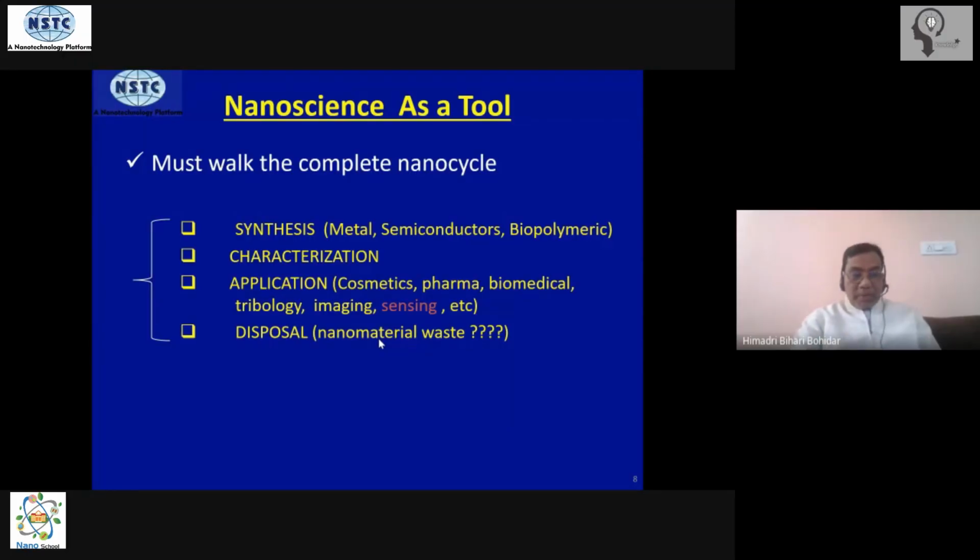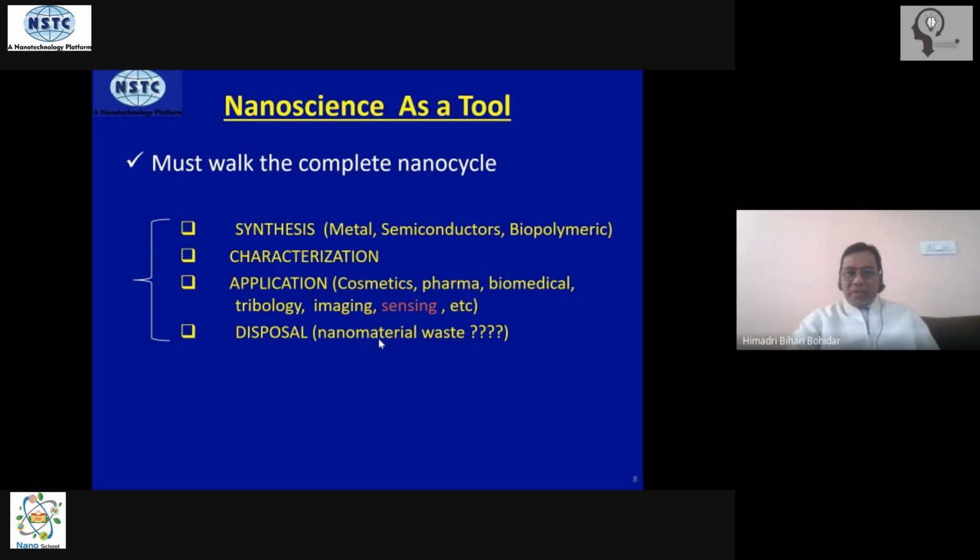Now, when you talk about nanoscience, we do the synthesis first. After synthesis, we have to ensure that the material has certain properties. That is achieved through a characterization procedure, routine characterization, extensive characterization. Once that is finalized, and you're sure that you have made a nanoparticle of your target, then you will subject it to applications.